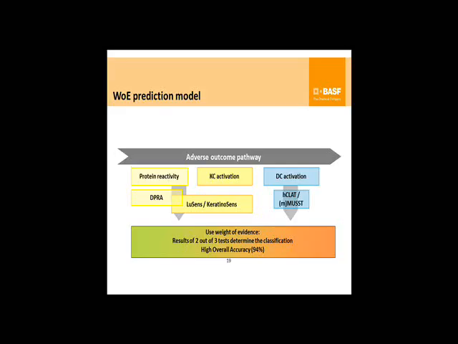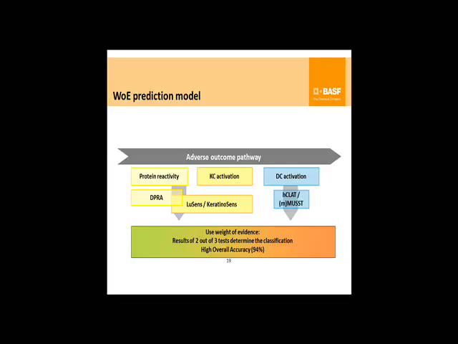And in this slide, we want to summarize our weight of evidence prediction model along the outcome pathway. So using an assay for protein reactivity, which is the DPRA, together with a keratinocyte activation assay, and here we can use the LuSens as well as the KeratinoSens assay.